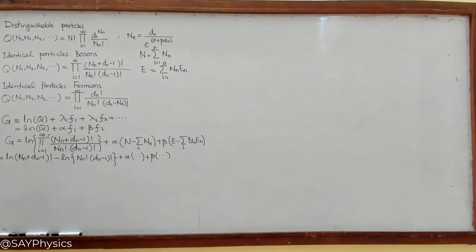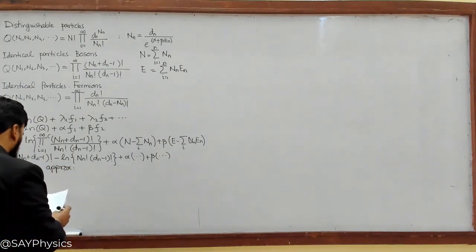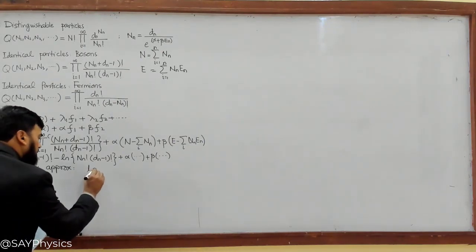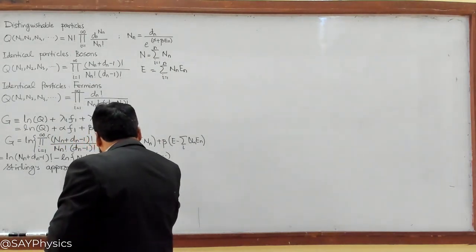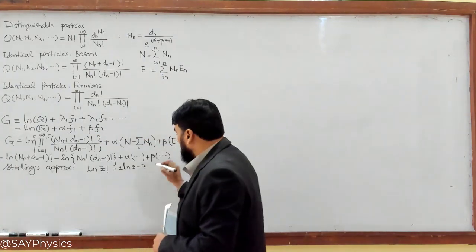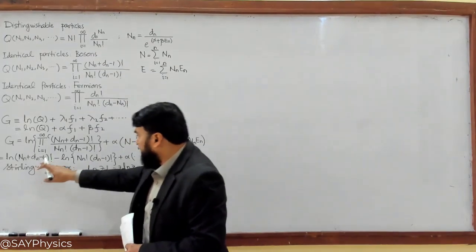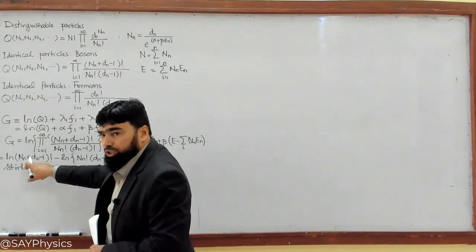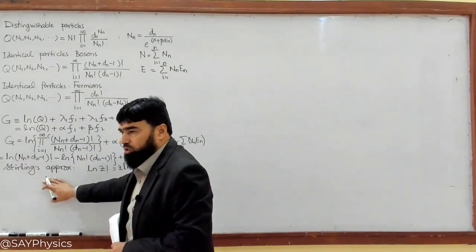And here we are now using the Stirling's approximation. The Stirling approximation was, you remember, that log of z factorial is equal to z times log of z minus z, provided this z is a very, very big number. And here we know n_n is a big number, d_n is a big number, so that's why we can approximate it with a Stirling approximation.